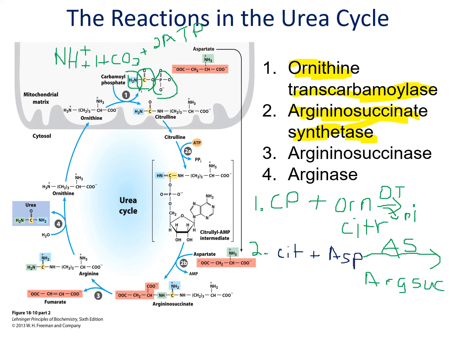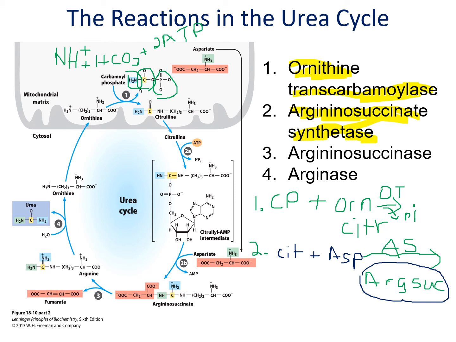And I'm going to get this arginosuccinate utilizing the enzyme arginosuccinate synthetase. All right, so this aspartate comes from somewhere and it gets into our liver, and we use it, and we combine our citrulline with our aspartate and get our arginosuccinate.